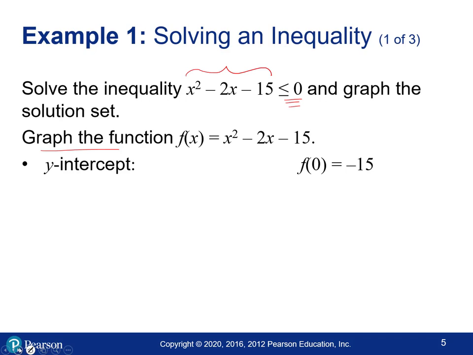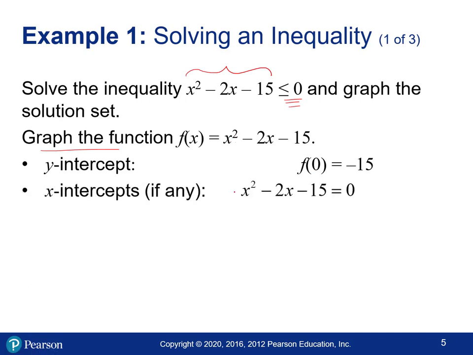Let's first find the y-intercept. So remember that just means you plug in 0 for x. So if you do that, you're going to get negative 15. And your x-intercepts, remember how that goes. You set your function equal to 0 and you solve. And a lot of times this will factor. If not, remember you can always use your quadratic formula to solve if this doesn't factor.